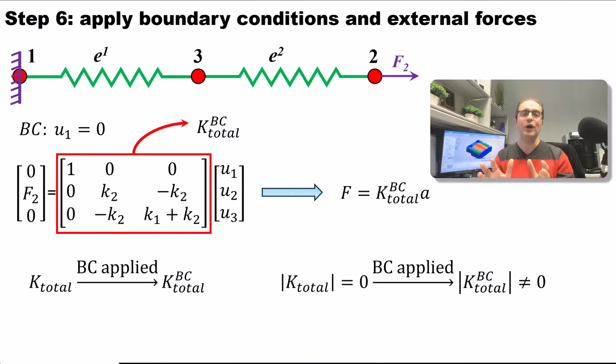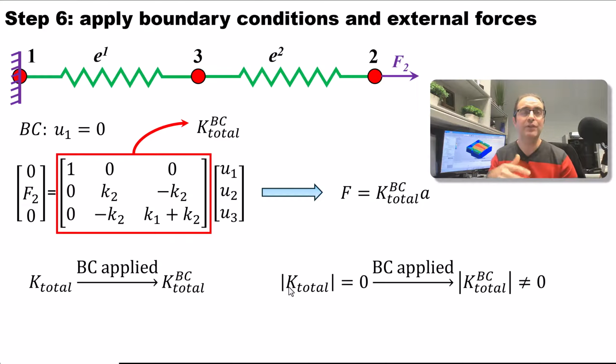So if you take a look at the two versions of the stiffness matrix, you can see that initially we had K total. The determinant of K total is actually 0. And that's another reason that in the previous slide, we had the issue with infinite solutions, because the determinant of K total is 0. When the determinant of K total is 0, we cannot invert it.